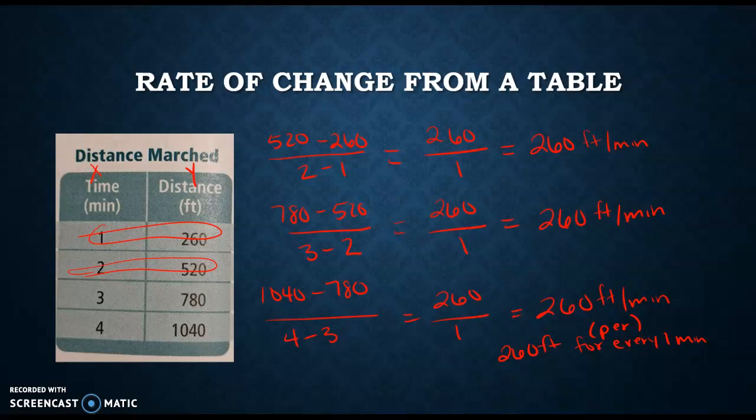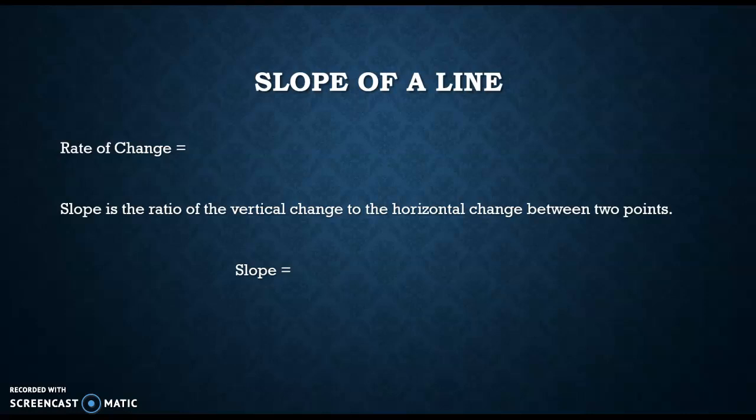And so that's the distance marched, 260 feet every minute marched. And like I said, if you know that it's a linear function, you just need 2 of those points and you're going to end up finding your rate of change. Now, rate of change is a constant. That's why I called it a linear function.